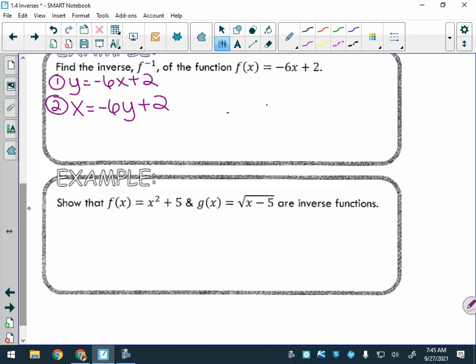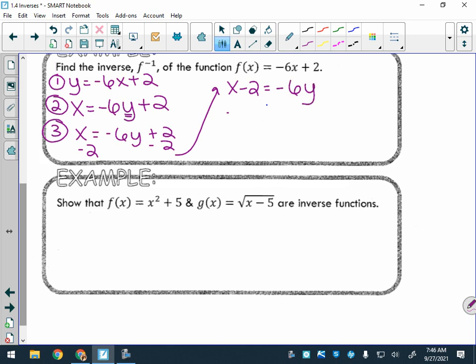Now we are going to solve for y. What do we do first? So we have x equals negative 6y plus 2. How do I solve for y? What's my first step? Good. Minus 2. So we have x minus 2 equals negative 6y. So again, solving for y. What's next?